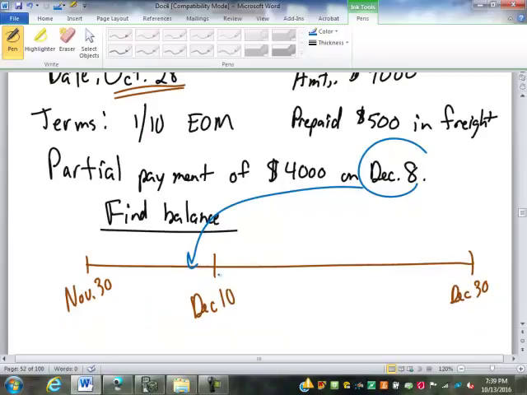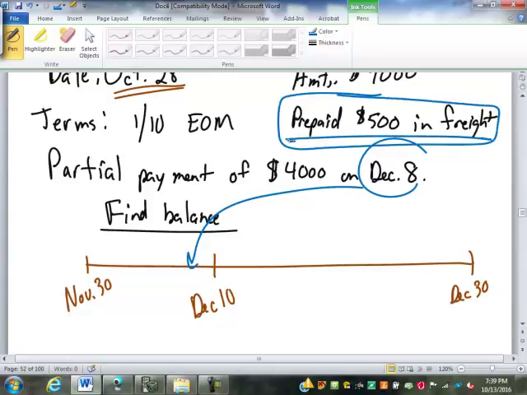So what do we do next? Not times, divided by. But I'm also saying it's not 4,000. This changes things. $500 of prepaid freight. When you make a payment, we said earlier you never get a discount on freight. Also, the first thing paid is always freight, because that is an expense.